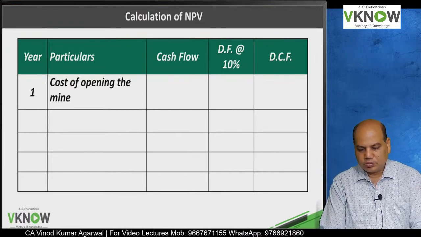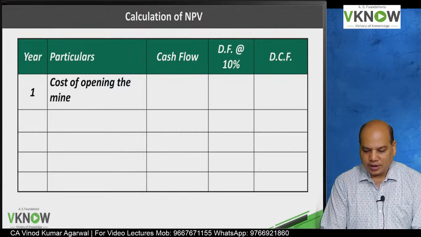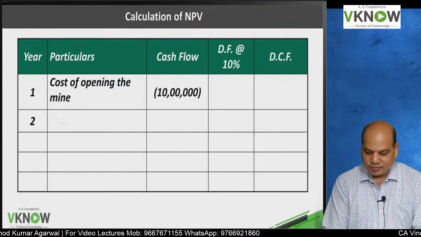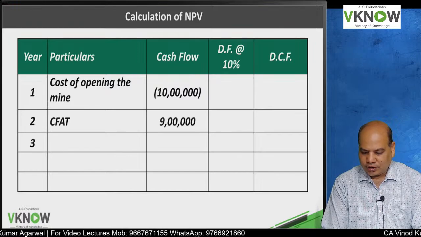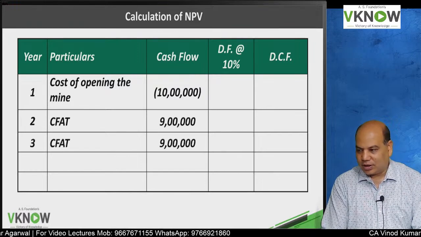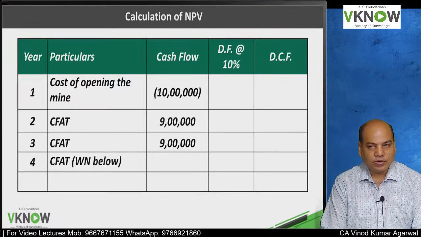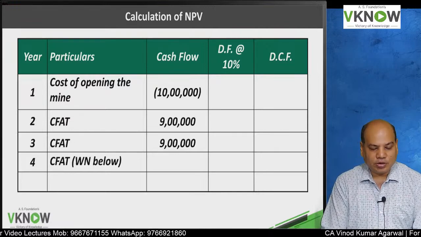Year 1, cost of opening the mine 10 lakh. Year 2, CFAT 9 lakh, 3 9 lakh, 4 working note below. For 4 we'll prepare a working note.